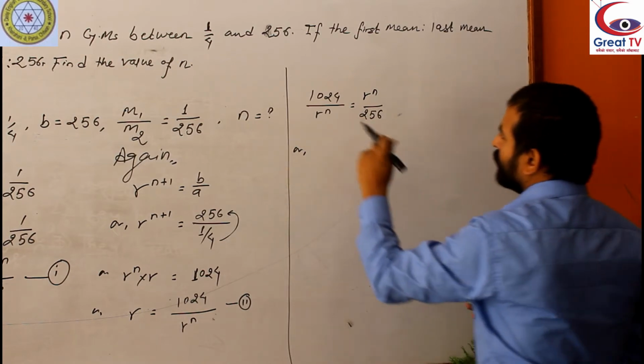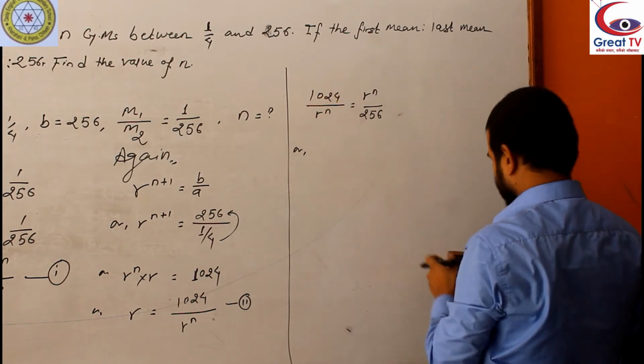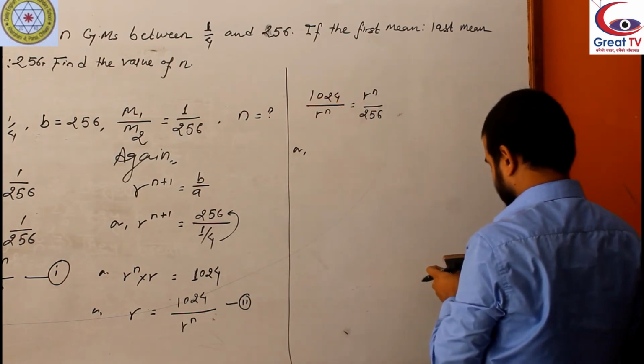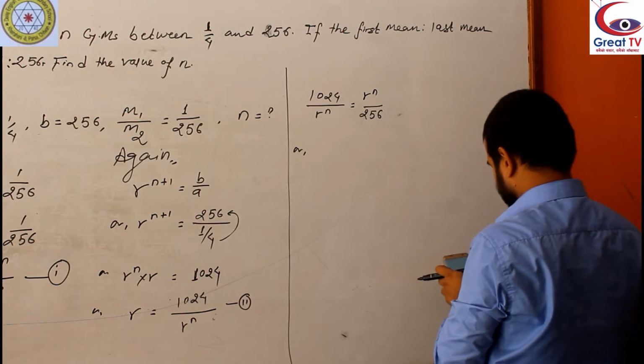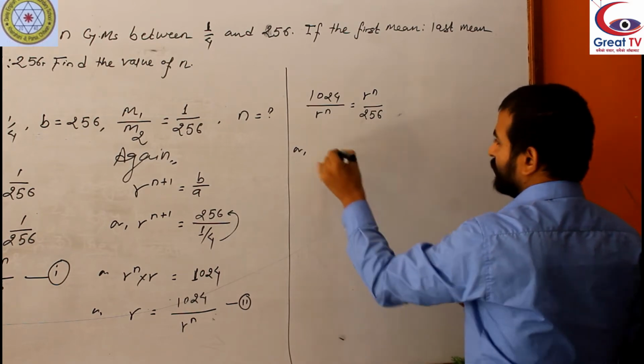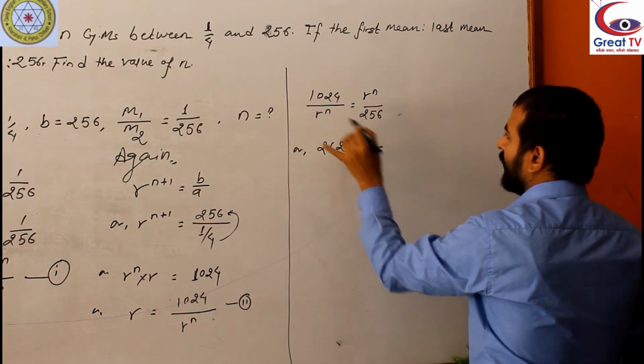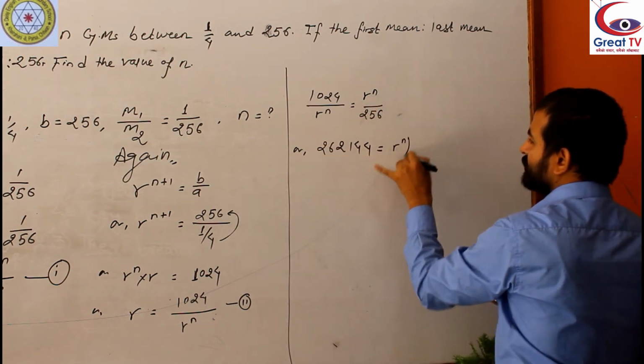Now what we can relate here is by cross multiply, 1024 into 256. So you will get 262144. r^n multiplied by r^n is r^n square.